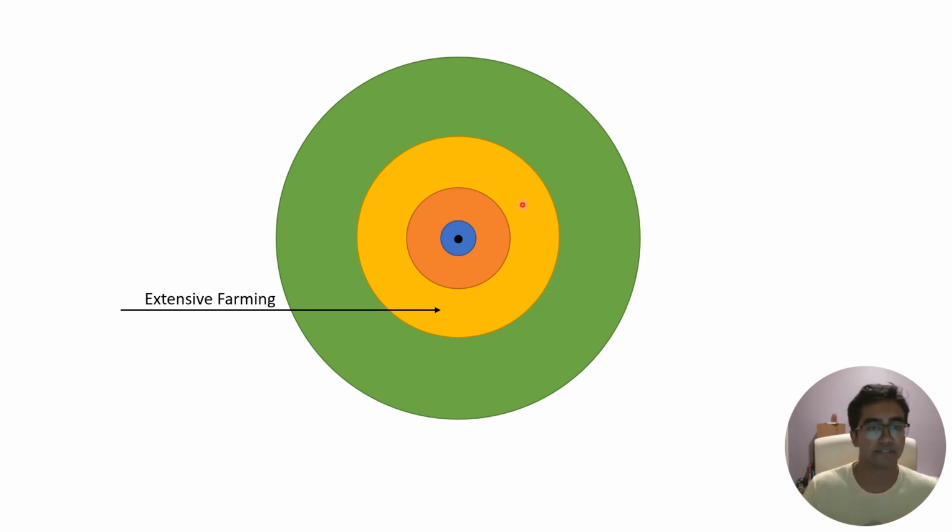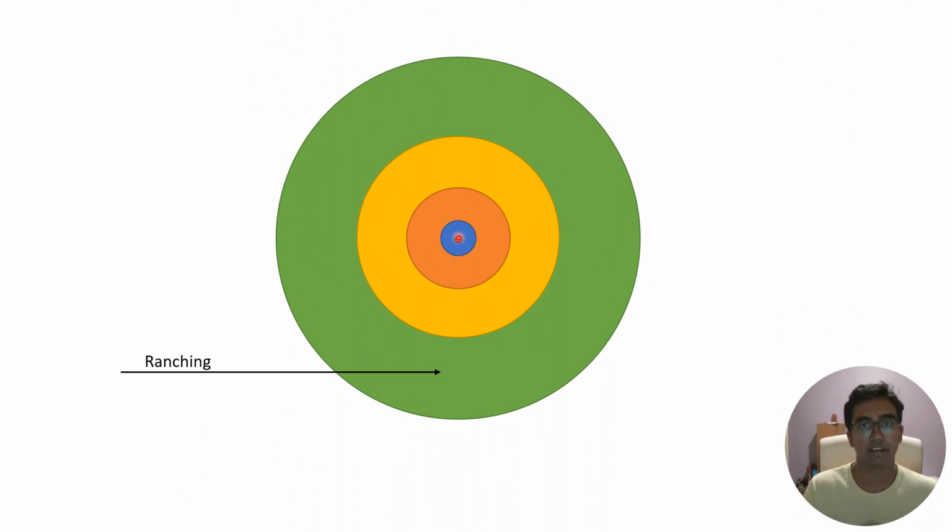And extensive farming requires a lot of land, and the further you get out from the city center, the cheaper land is going to get. So they found that balance out here in the third ring, where you'll find a good amount of land not too expensive, and they'll practice all the extensive farming here. And grains have a pretty long shelf life, and they're not that heavy either. So you can afford to transport grains from all the way out here to the city center.